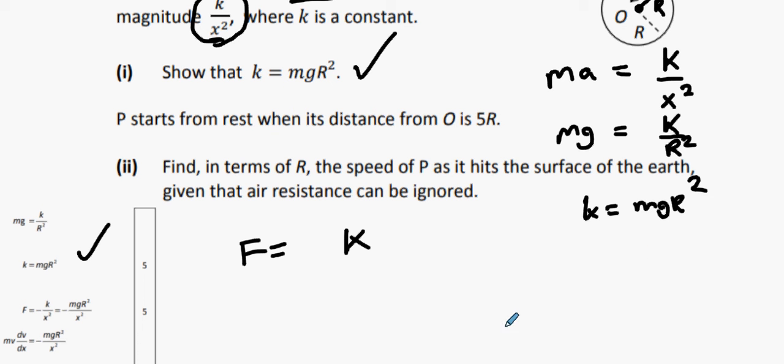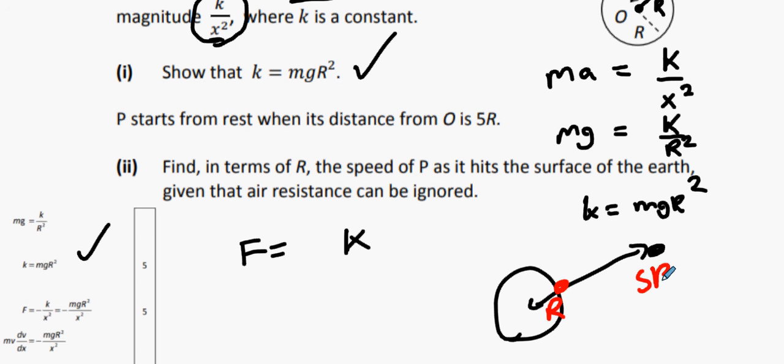Alright. So you're here and you're a distance 5r away. We've established that. You're going to stop here. Why are you stopping here? You start off a distance 5r away. You stop a distance r away.